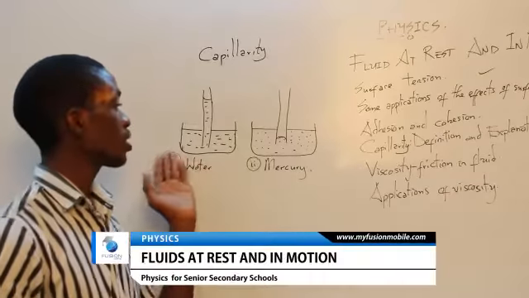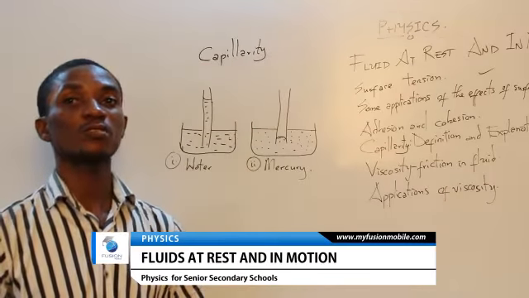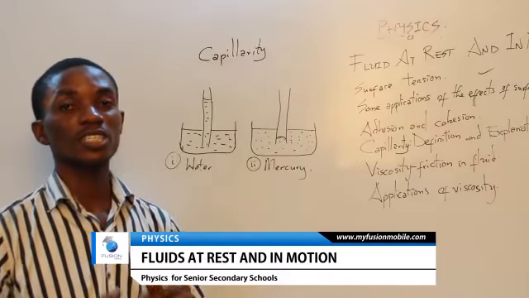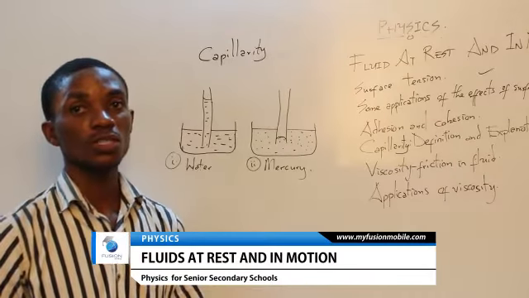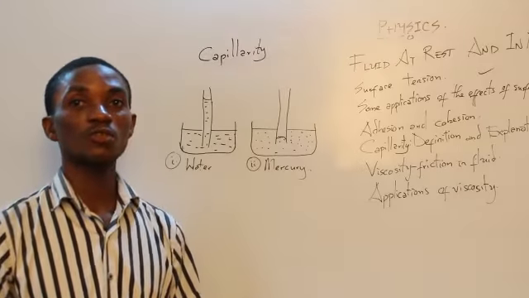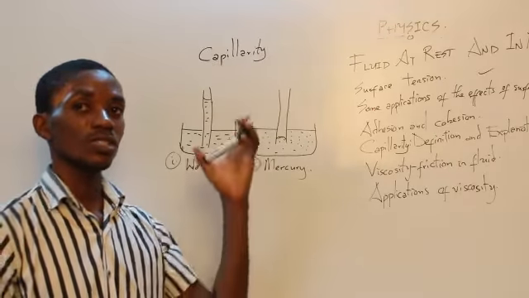The one containing water would rise. Why? Because water has a higher adhesion force towards glass than the cohesion force it has towards its own molecules, as against mercury, which possesses a higher cohesion force towards itself than the adhesion force it has towards glass.